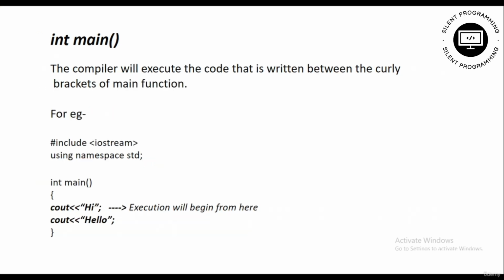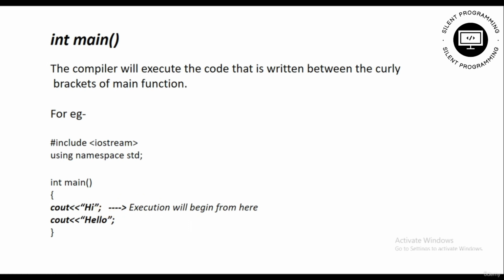Now moving on to the next line. As I was telling you, the execution of your program will begin from here. For example, when we run this program in the compiler, it will print hi and then it will print hello. So the execution will start from the first line of the main function.